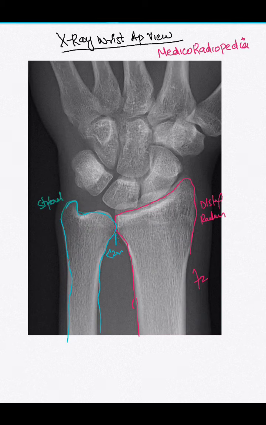After that we will come to the next part, the bones of the wrist and metacarpals. We will start with the bones on the radial side and then the bones on the ulnar side. You know there are two rows of bones. This is the first row and this is the second row.